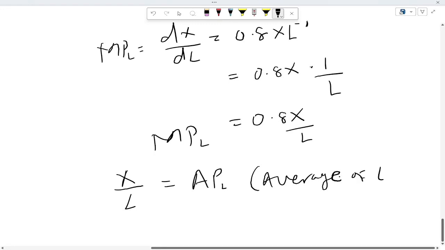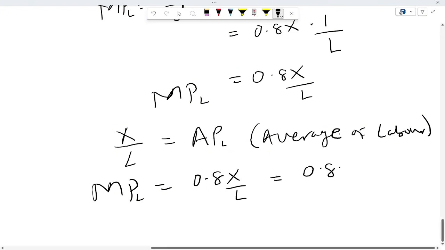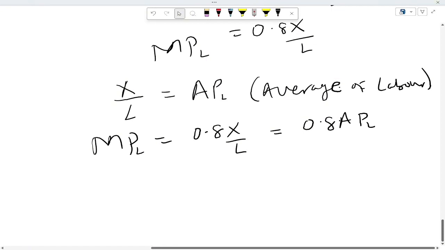So you can have MPL equal to 0.8x all over L, which is the same thing as 0.8 APL. So either of these, you are good to go.